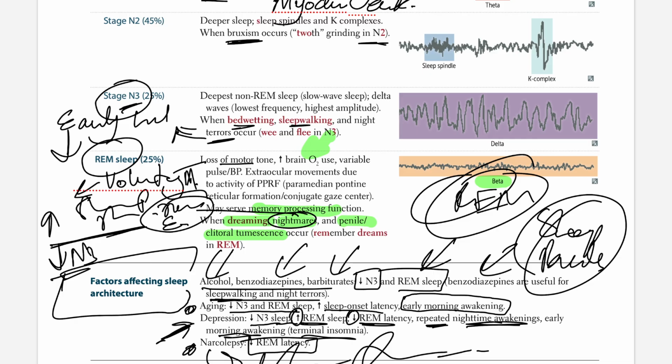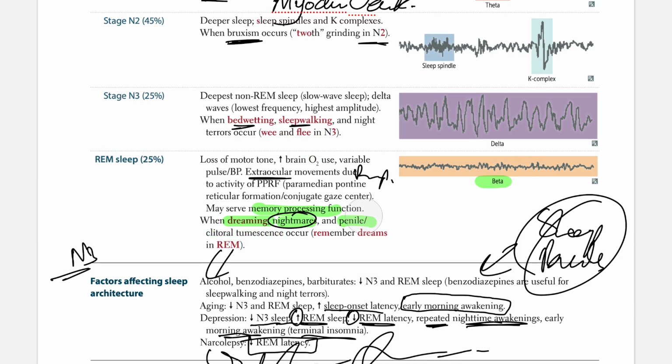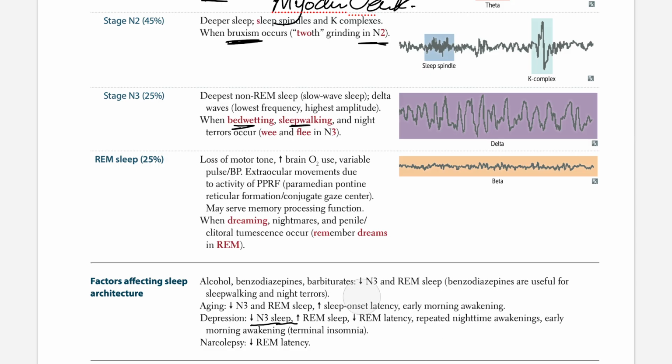You have rapid eye movement here in REM sleep through the PPRF, right? And it leads to the beta waves, which are also known as sawtooth appearance.